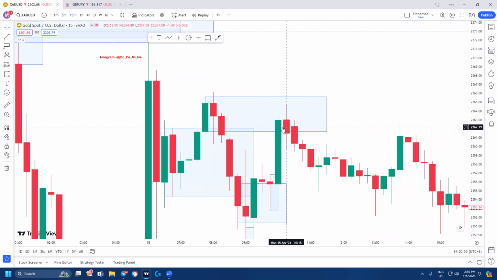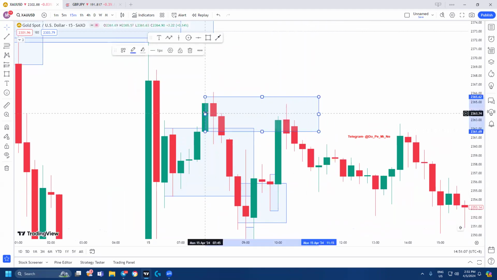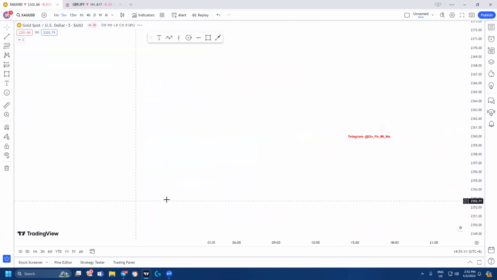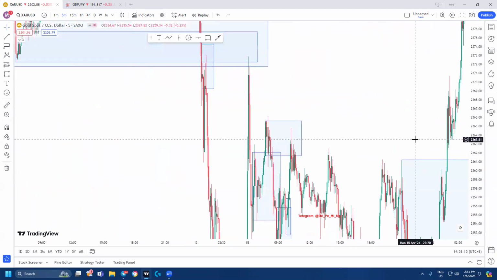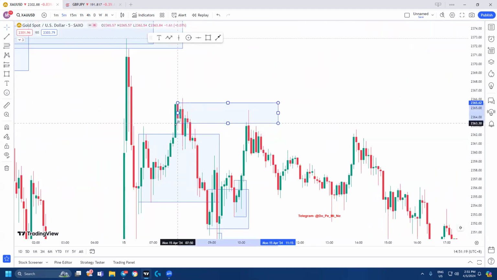For me, I will follow 100% with CMP. I don't trade with the zone. Like this, this is M15. We have engulfing sell, so we go to M5. We go to M5 and I precise the zone to this one.